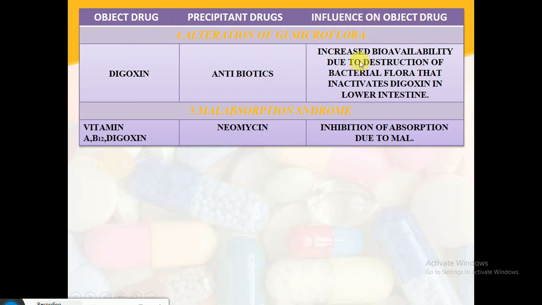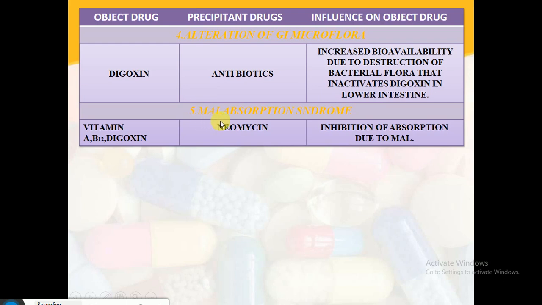It will directly increase the bioavailability due to destruction of the bacterial flora that inactivates digoxin in the lower intestine. The fifth one is malabsorption.